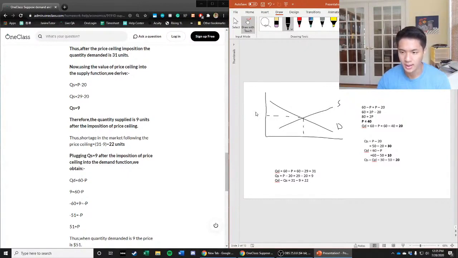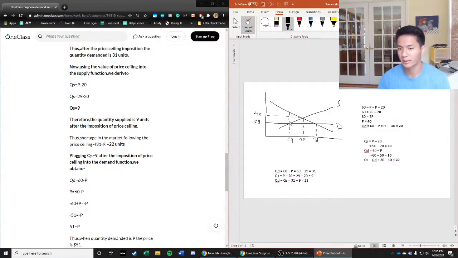This is price 40, this is 20, and then on part C we have a price ceiling, 29, which gives us quantity supplied here, and quantity demanded here. We just calculated this. Quantity demanded is equal to 31, and quantity supplied is equal to 9.